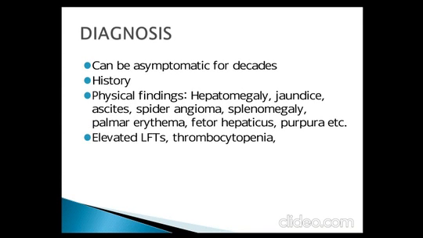There is no fat. The fat is being dissolved slowly in his body, being replaced by fluids, the ascitic fluid, spider angiomas, palmar erythemas, purpuras, splenomegaly, erythema. So elevated liver function tests, thrombocytopenias.